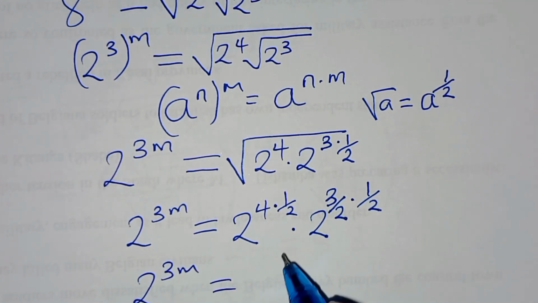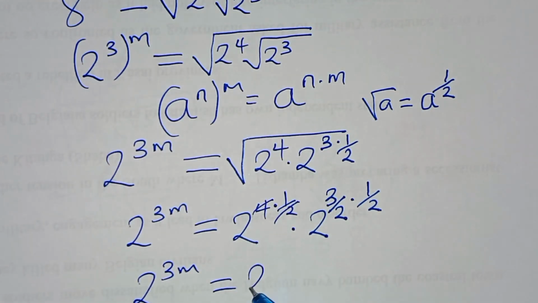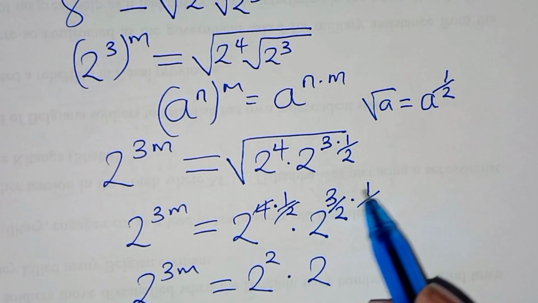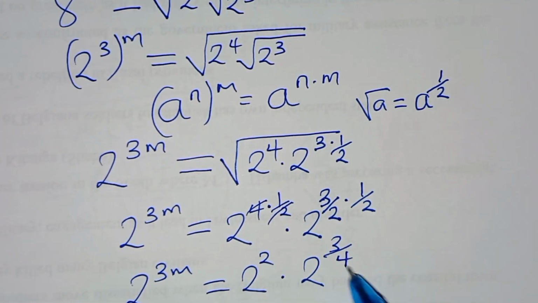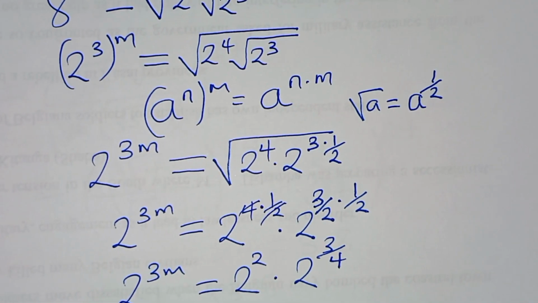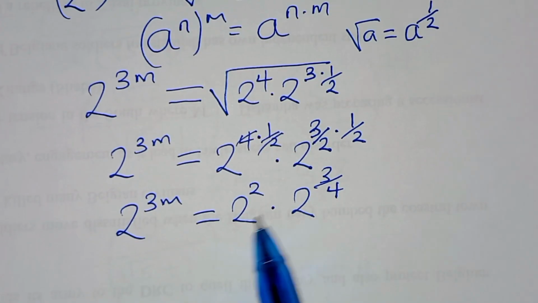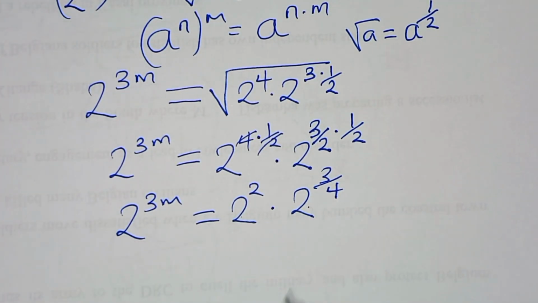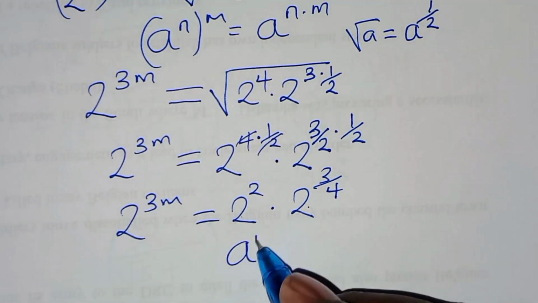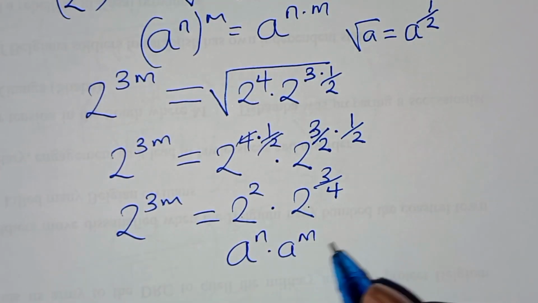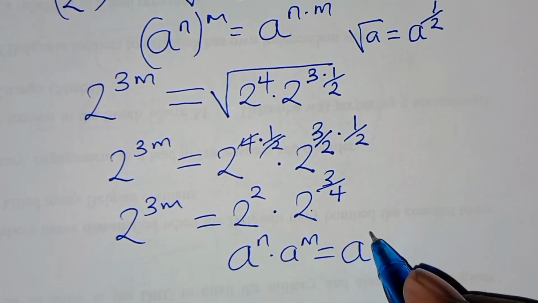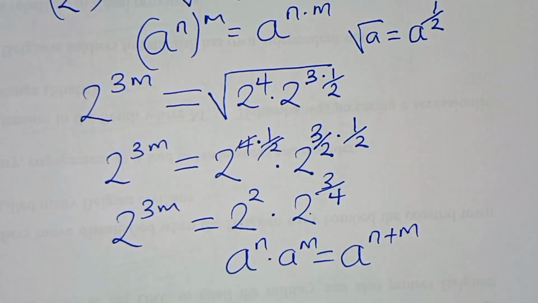This is equal to, now we simplify here, this is 2 to the power 2 times 2 to the power 3 over 4. But since the bases are common here, this is in the form of 8 to the power n times 8 to the power m, which we can transform as 8 to the power n plus m.